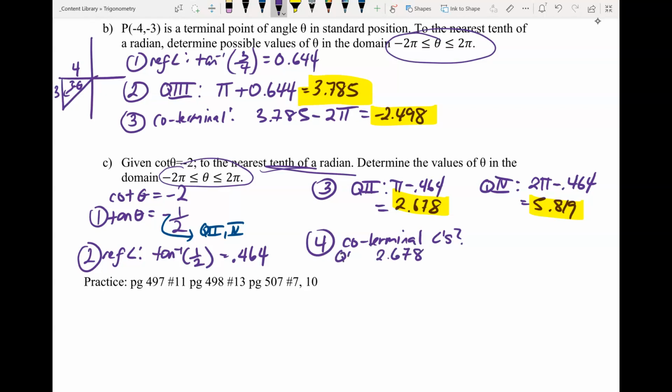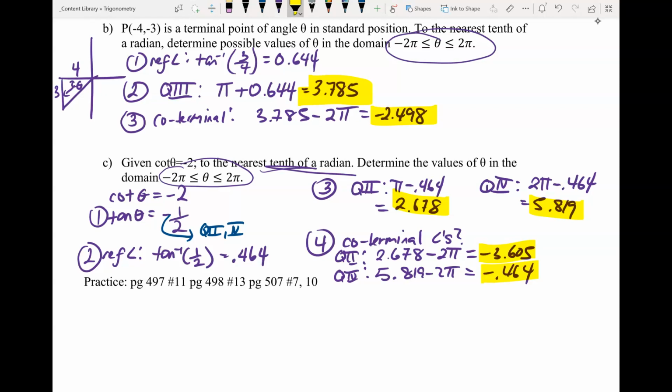So this is for quadrant 2 still. So I'm going to subtract 2 pi to find its coterminal angle. That's negative 3.605. And this will be 5.819 minus 2 pi to get the negative coterminal angle, which is negative 0.464. So these two are also part of our solution.